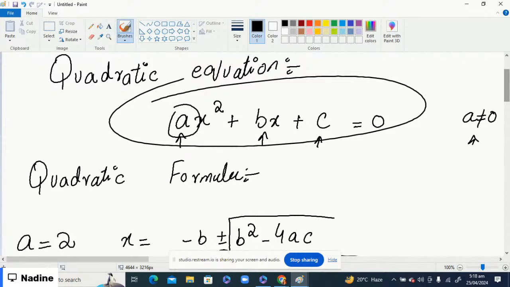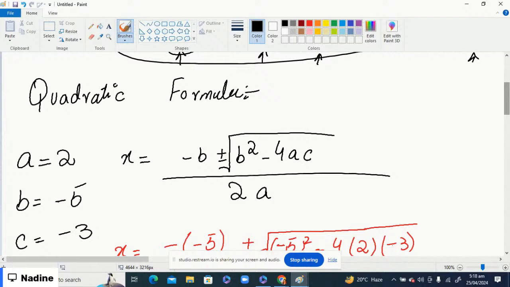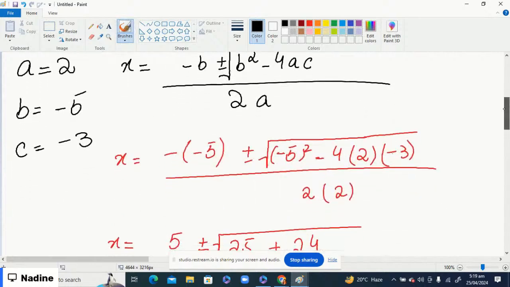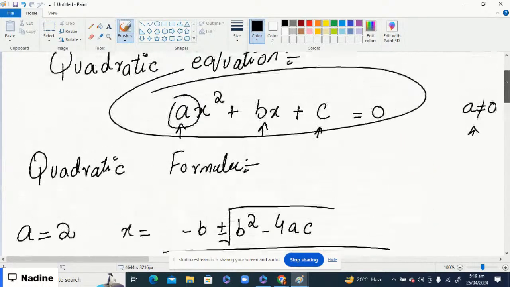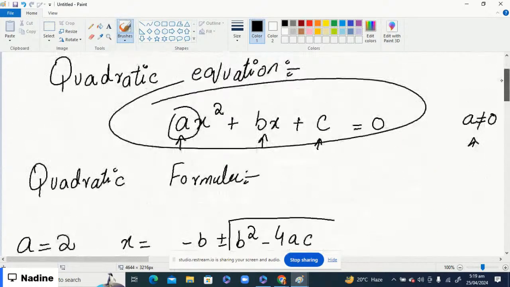Okay, and then for the quadratic formula, when we write it down, this is minus b plus minus square root of b square minus 4ac over 2a. These a, b, c are the coefficients that we are getting from the quadratic equation. Put them in the formula and then find out the values of x. Got it? This is basically the thing that we have done in the quadratic equation and quadratic formula.